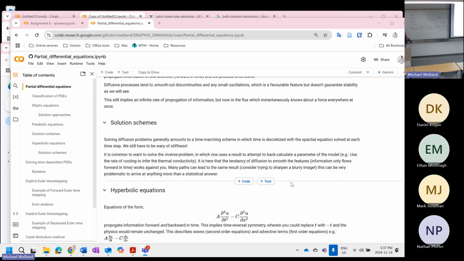This is a property of the fact that the information is only propagating in one direction, and that direction is forward in time, not backwards in time. So that information tends to get blurred out. If you consider getting a blurry photo, despite what CSI tells you, you can't unblur a photo. I mean, you can, but you're not actually going to see all the additional detail coming out.